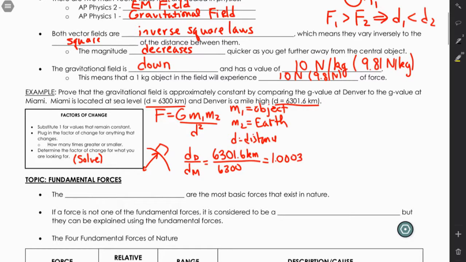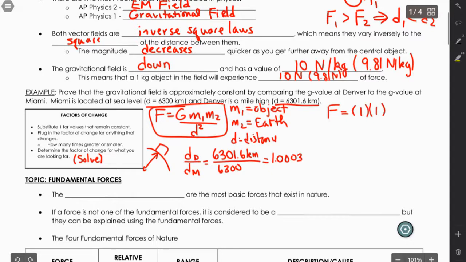Now we look at the gravitational force and try to find the factor from this equation that compares Denver to Miami. G is a constant, so I'm going to plug in 1. That's not going to change. We're using the same object in Miami as in Denver, so I'm going to plug that mass in as 1.